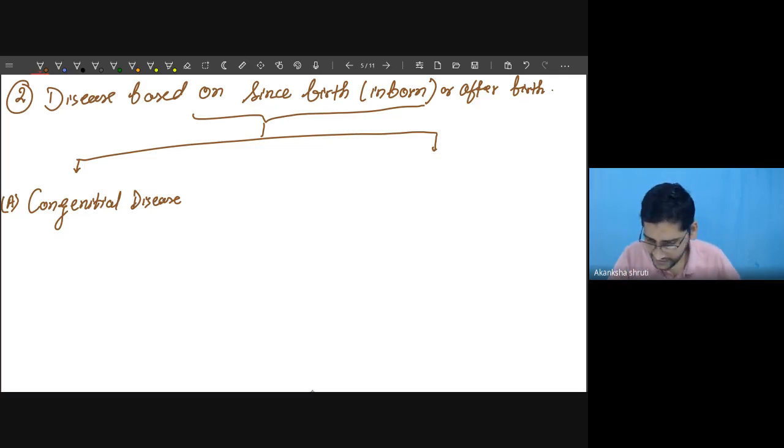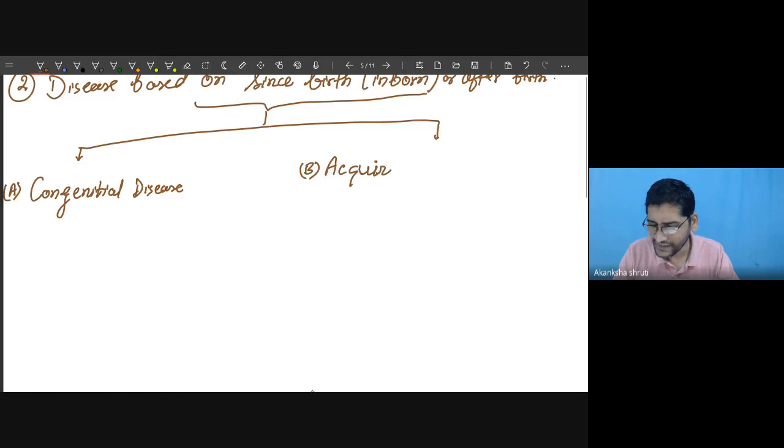The next category is called acquired disease. So students, if anyone asks you what is congenital, the first point that should come to your mind is the disease which has occurred since birth, existing in the patient since birth. There are certain diseases which are not since birth but have occurred because of various factors in the environment or individual factors. They are called acquired disease.